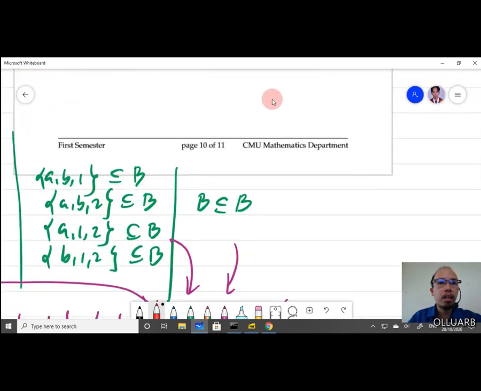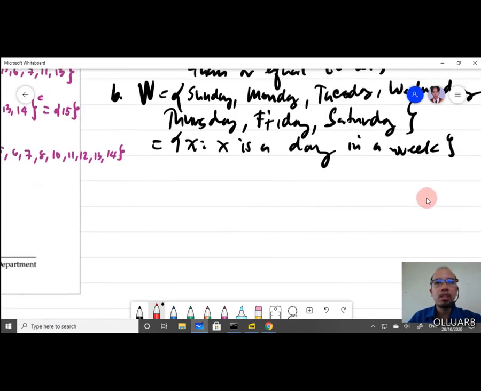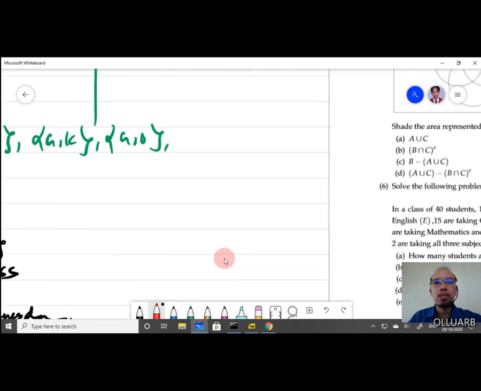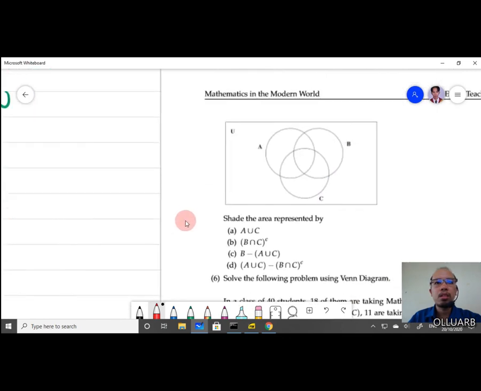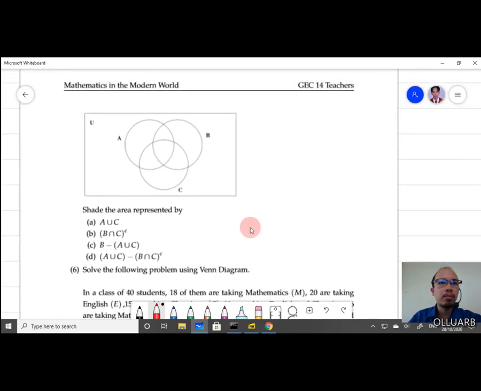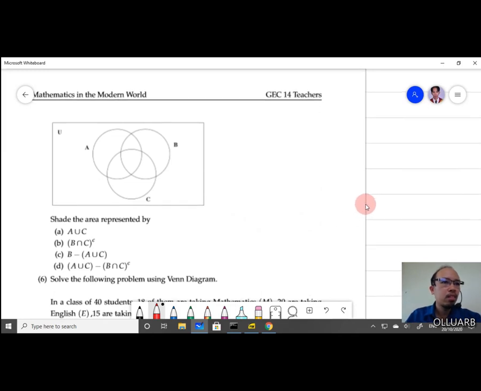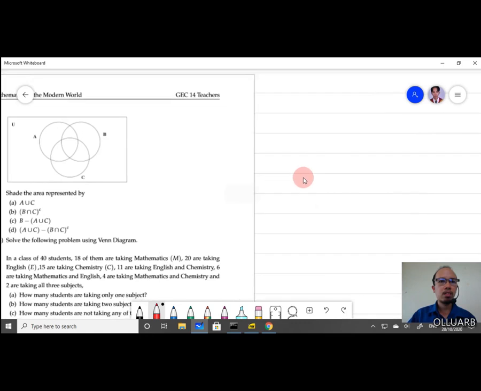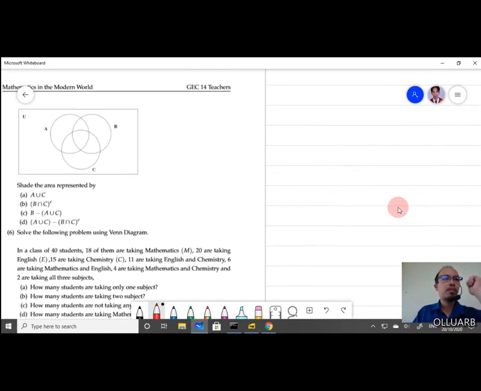So for number 5, let's try to solve number 5. Shade the region. For 5A, copy the diagram first.